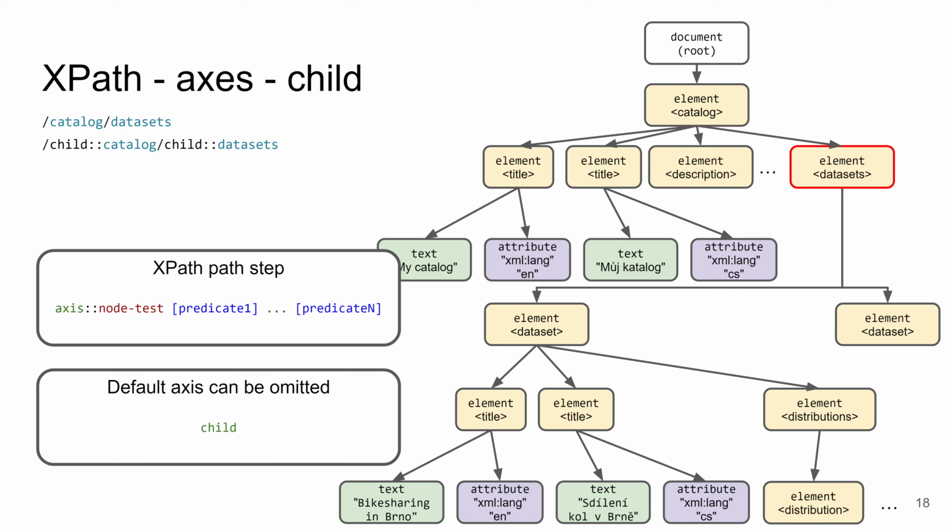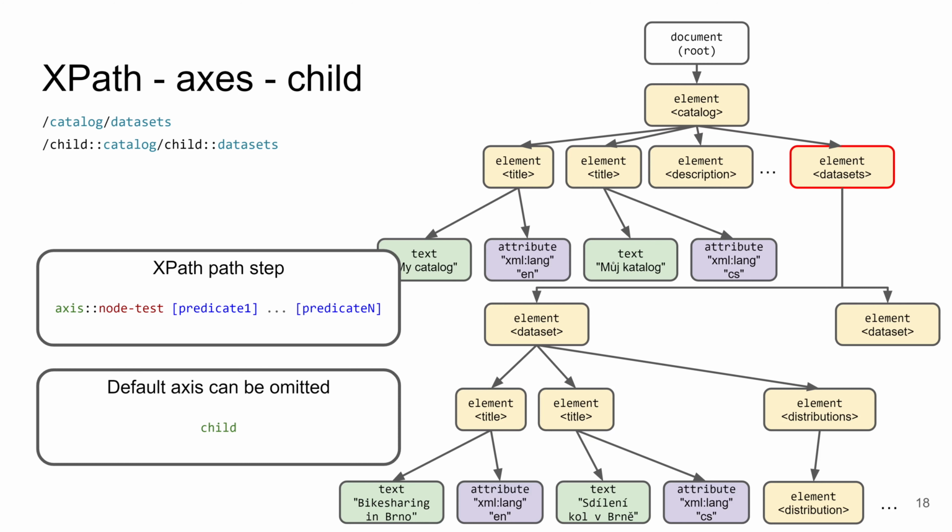So if you use the simple step, which only has an element name, what you are actually doing is saying go to the children of the current node and select all elements which are named, for instance, catalog or datasets. So the two XPath queries in the example are identical. The first query is a syntactic shortcut of the second one.